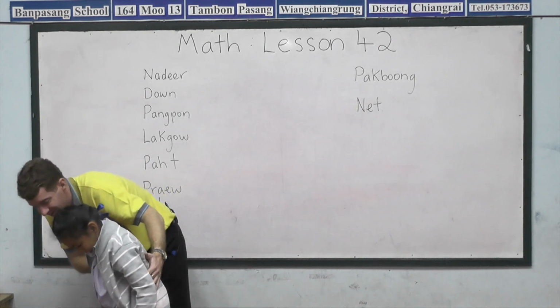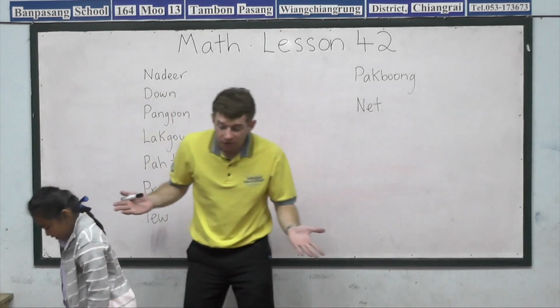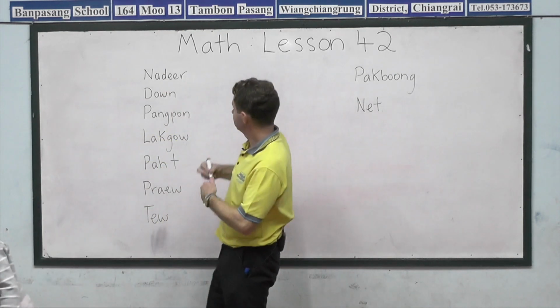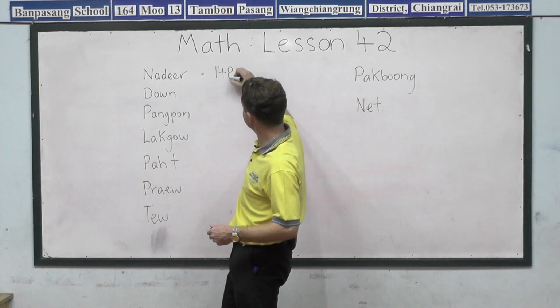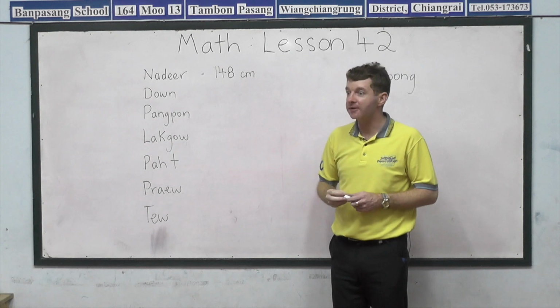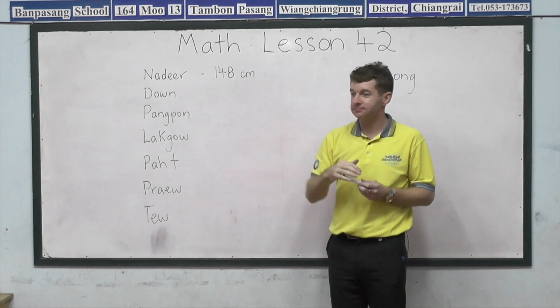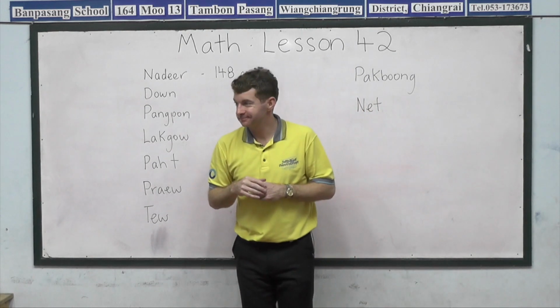Okay. Lakgao? 148. Nadia is 148 centimeters. Okay. Next we have Down.